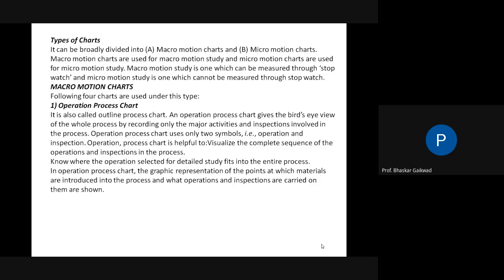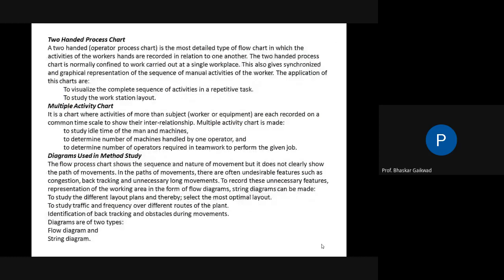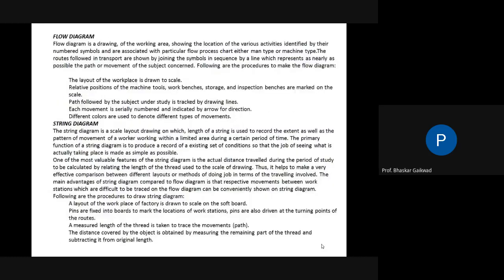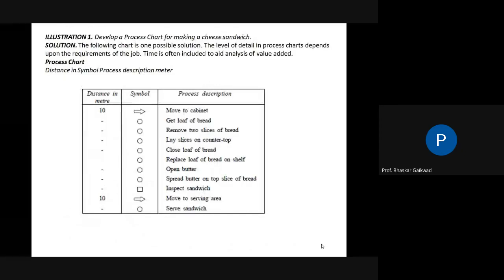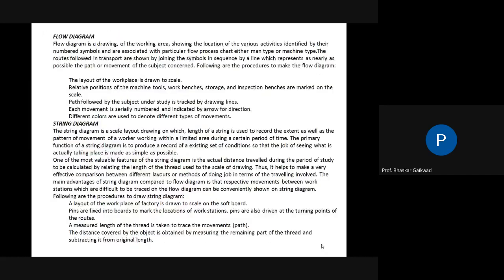Okay, so these are the flow process charts: two-hand process chart, multiple activity chart, and the symbols used. Let us take one example in the next lectures and see what is actually distance, symbols, and process description. These parts we're going to see.